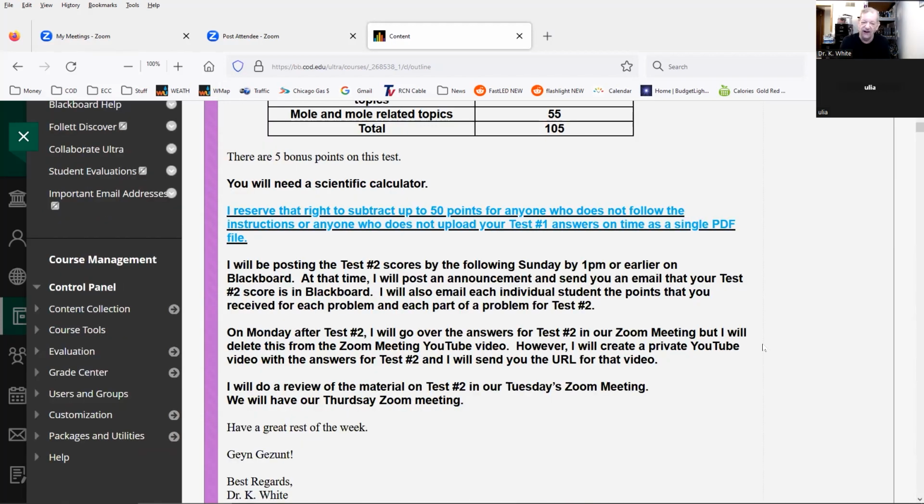All right, you'll need a scientific calculator. I reserve the right to subtract up to 50 points for anyone who doesn't follow instructions or anyone who does not upload your test answers on time as a single PDF file. By next Sunday or earlier, I'll post your grades in Blackboard.